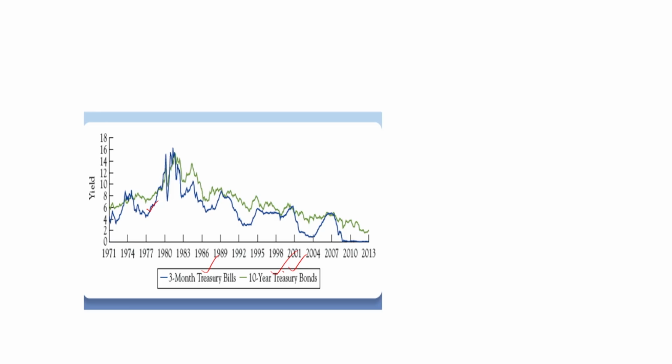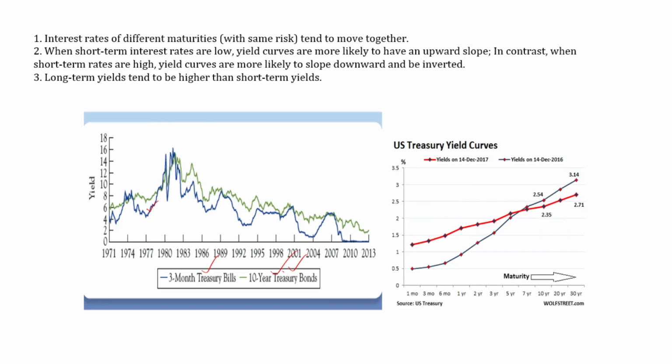So here both are issued by the government of the US, the same government, but this one we are plotting against the time period. A yield curve is like this one. Here, for example, this particular point denotes the 3-month treasury bill, and this point denotes the 10-year, this green line, but on a particular date.